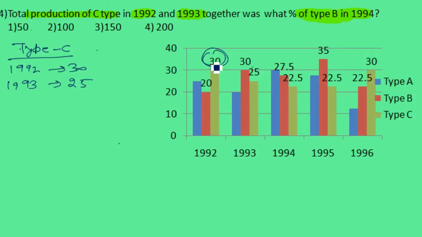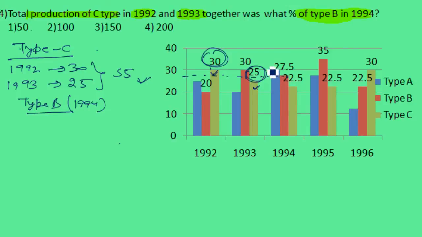See here, for type C, this yellow part, this is 25 lakhs in 1993. So this is 55 lakhs. And for type B in 1994, this is 27.5 lakhs.